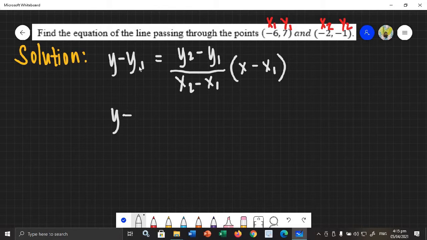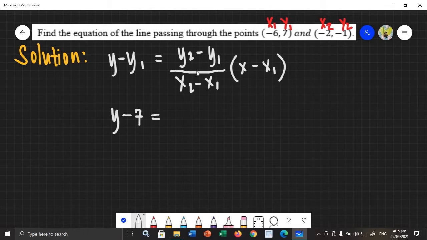And then minus yung y sub 1 natin. So, yung y sub 1 na inassign mo is 7. Okay? 7. So, write natin dyan ay 7. Wala tayong problema sa signs kasi positive si 7. So, just write y minus 7 equals y sub 2.